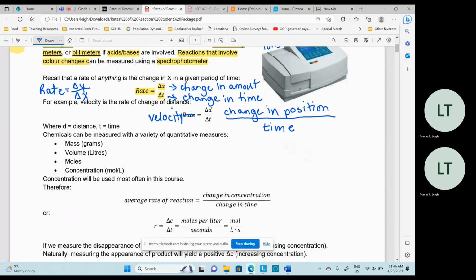So what are we changing? This is chemistry, not physics. We're not changing distance. So how can we tell how fast a reaction is going? Well, we can measure change in amount. All of these are measurements of amount. So mass: we can tell how much of something is there by weighing it, which is best for solids and liquids.